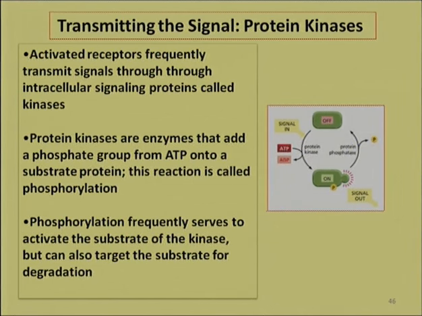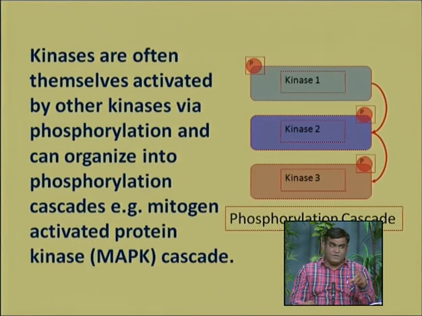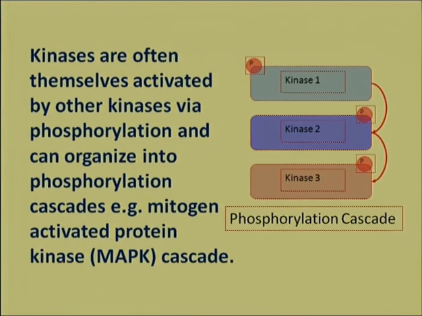So the phosphorylation frequently serves to activate the substrate of the kinase, and it can also target the substrate for degradation, thereby inactivation. So there are a variety of phosphorylation cascades. In this particular diagram, we can see a phosphorylation kinase cascade where one particular kinase is activating another kinase, in turn activating another kinase.